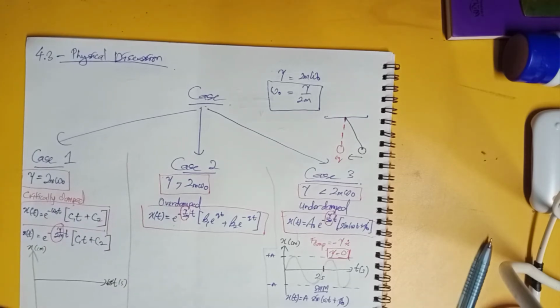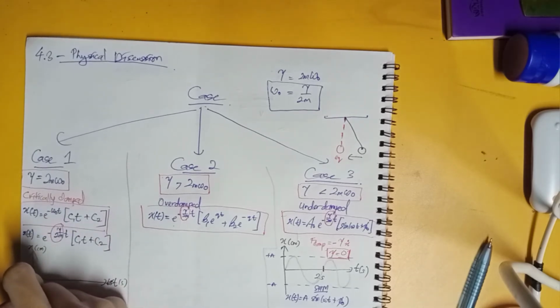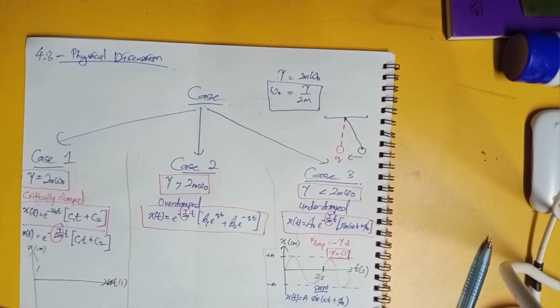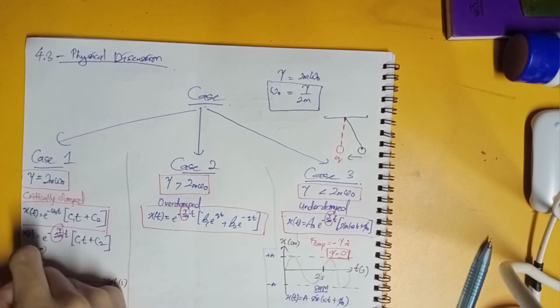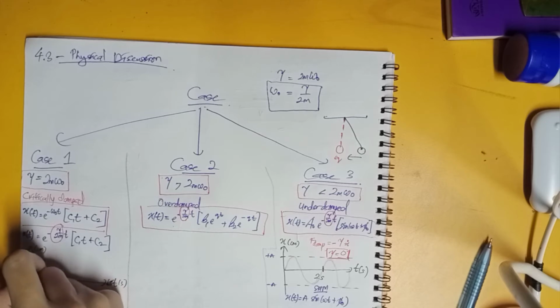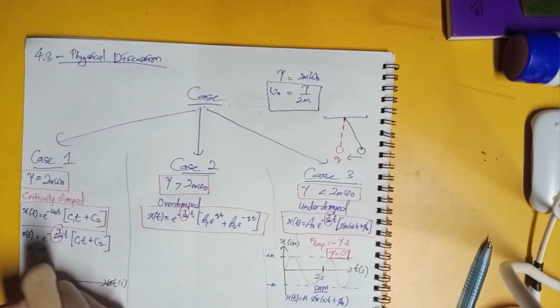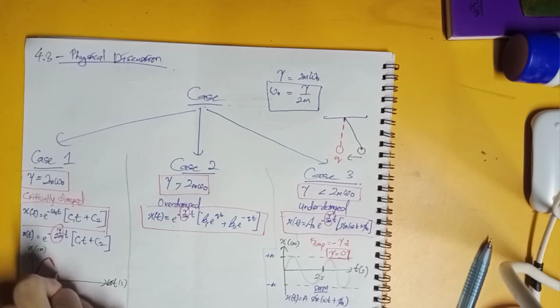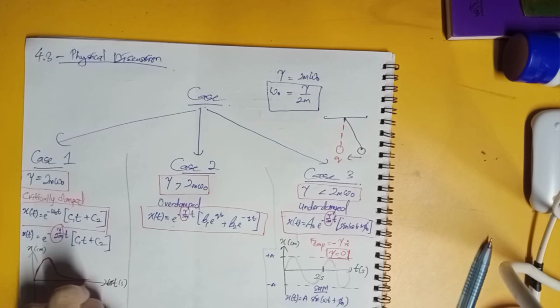Let's say the system is displaced, and then suddenly it falls back to equilibrium right here, close to the equilibrium.